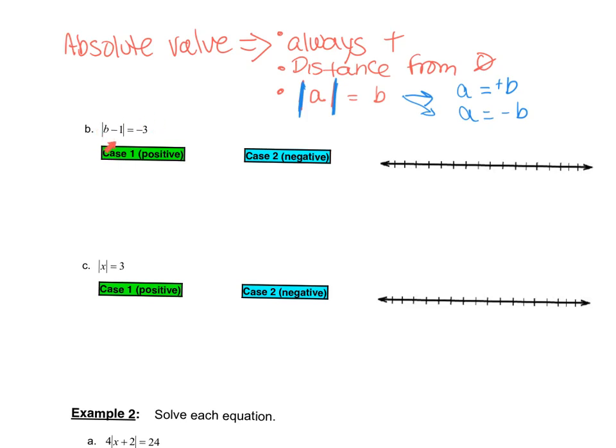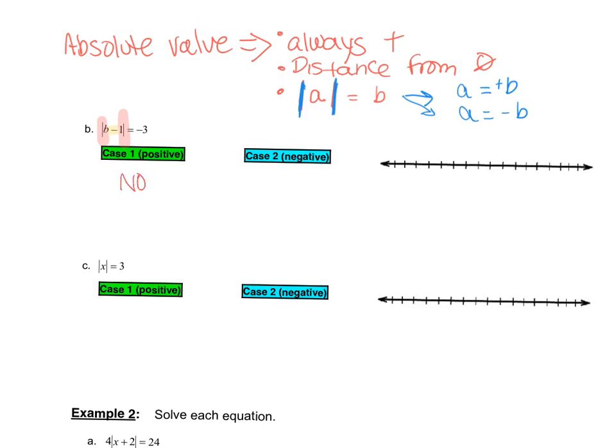Let's look at this. Can the absolute value of anything equal a negative? No. What this is saying is that whatever is on the inside, once you take one away from it, and after you take the absolute value of it, you are going to get a negative? That's not possible. You can't do this.